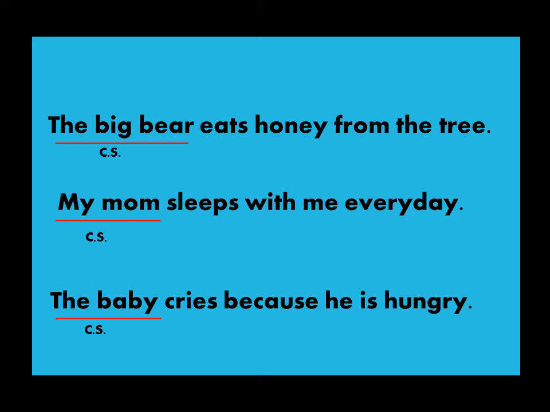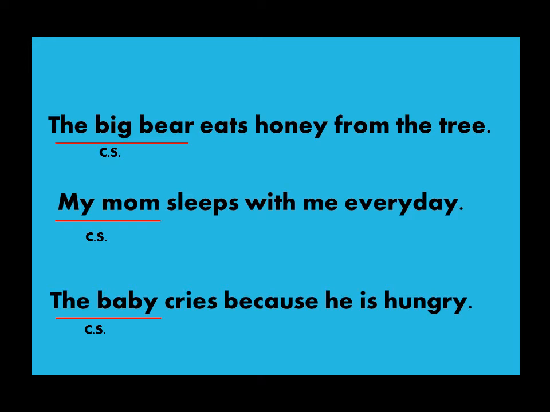Mom or my mom? Exactly, my mom. So my mom is my complete subject. That's why I underlined it in red, and I wrote CS again, which stands for complete subject. You're doing great. Very good.